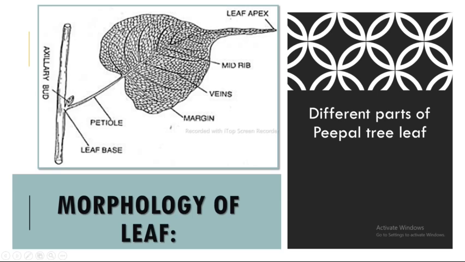This is the prominent vein known as midrib, and these are smaller veins. This is the margin of leaf, this is the stalk or thin portion of leaf, which is known as petiole. This is leaf base. Leaf base is the portion of the leaf through which it is attached to the stem, and this is a small axillary bud which is present in the axil of the leaf. So these are the different parts of the peepal tree leaf.